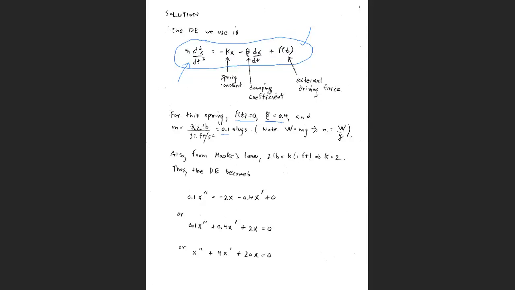To get that, we take the fact that the mass weighs 3.2 pounds, and we divide that by acceleration due to gravity, which is 32 feet per second squared. How many have certainly learned that figure before, 32 feet per second squared?